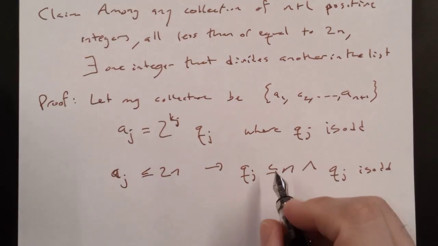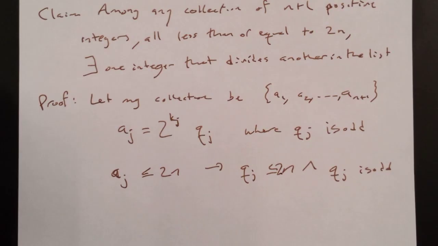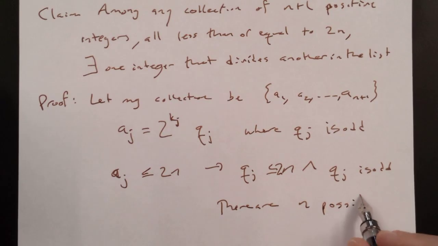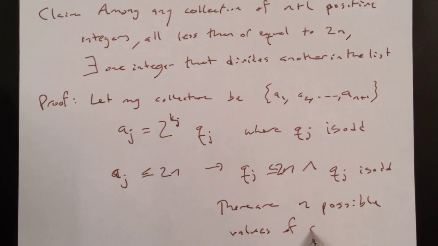So Qj is at most 2n, and there are n possible values of Qj. I just found my boxes.